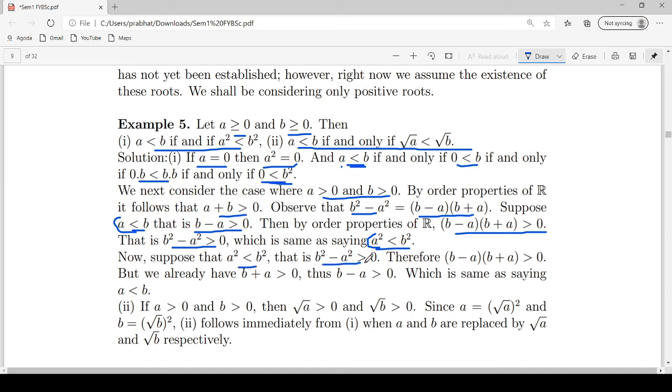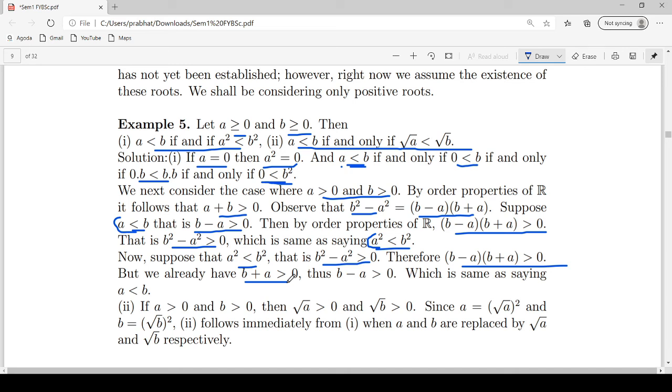Therefore B square minus A square is greater than 0. Therefore if you factorize B square minus A square, you will have B minus A into B plus A is greater than 0. Now this is the product of two real numbers B minus A and B plus A, and this product is greater than 0. That means either both of these real numbers should be greater than 0 or both of them should be less than 0. But B plus A is greater than 0, that we know, because A and B are both positive numbers.